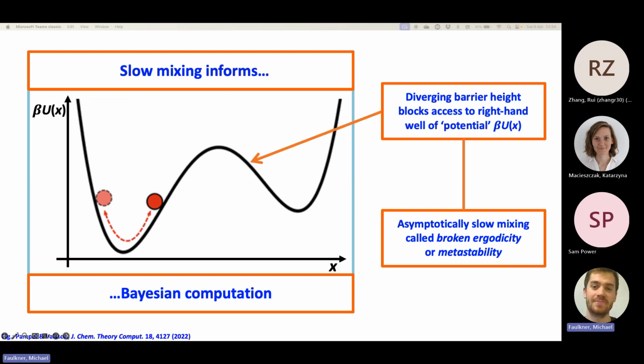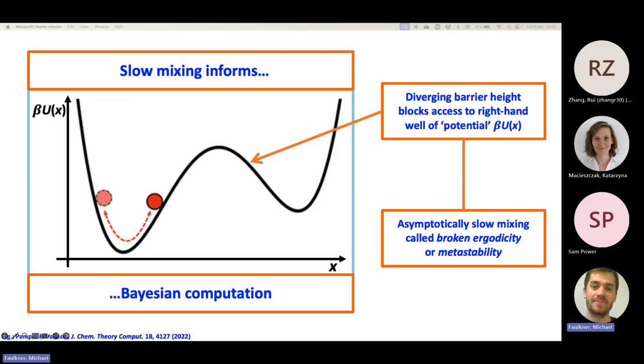This leads to slow mixing under certain algorithm dynamics, and it also happens to occur in nature often. One argument is that this informs Bayesian computation because it leads to sophisticated developments in algorithm dynamics.